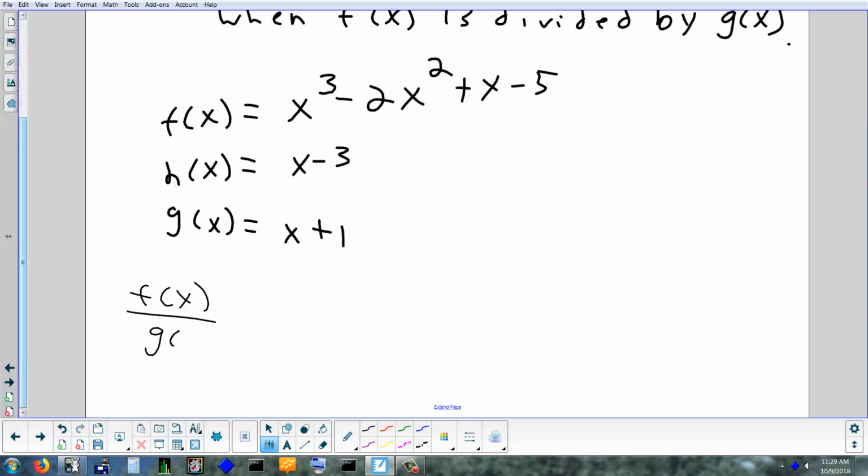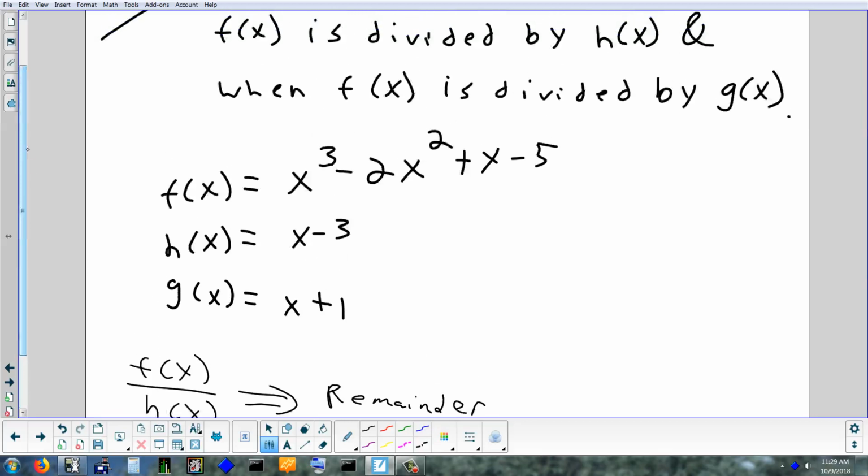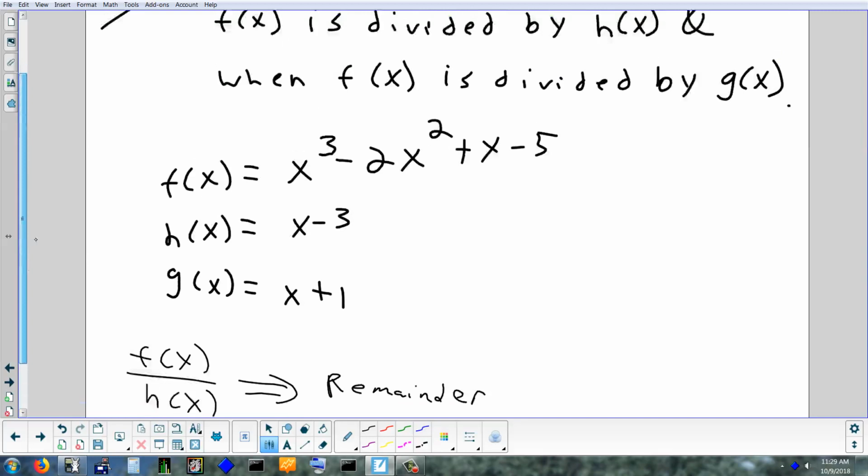So let's do the f of x divided by g of x. So the remainder, actually, let's start with h of x. I mean, you could start with g of x. It doesn't matter. We'll start with h of x. Okay. So look at what you're dividing by, h of x.